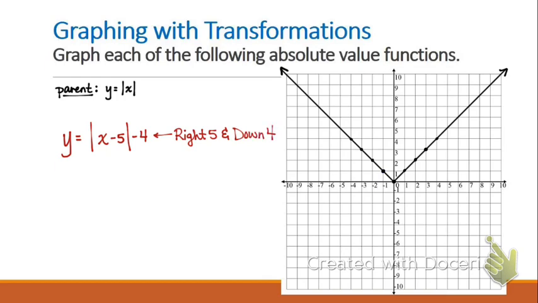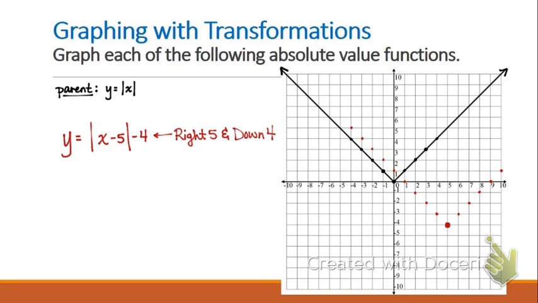We don't have any stretches, any reflections, any compressions. So this is just going to translate each and every point, right 5 and down 4. So I'm going to move my vertex first. That would move my vertex to (5, -4). And then I know from there that I'm going to go up 1, right 1, and up 1, left 1 to get the remainder of this graph.